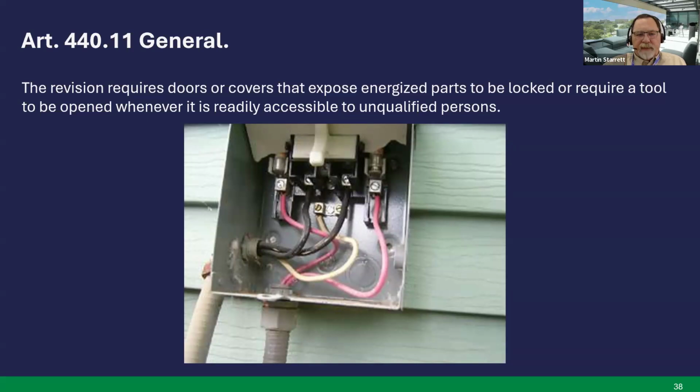And like I said, the heavy duty disconnects, you have to have a tool. So if you open the door and exposed energized parts are there or not guarded, it's either going to have to be locked or it'll have to have a tool to be opened.